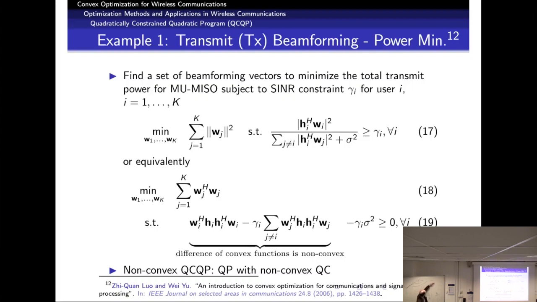So I'm transmitting independent streams to different users, and I want to satisfy a certain quality of service at each of those users. And how do I write quality of service? It means the SINR for each of those receivers has to be larger than a certain threshold. This is what we define by quality of service. And given those constraints, I want to minimize the power.